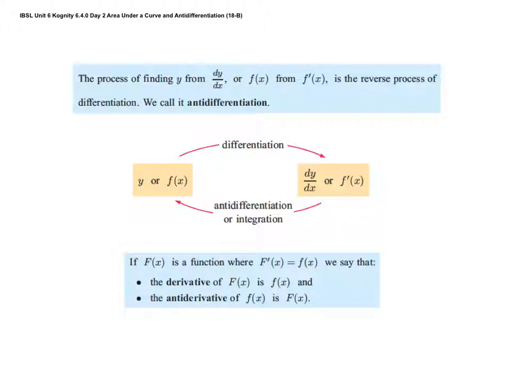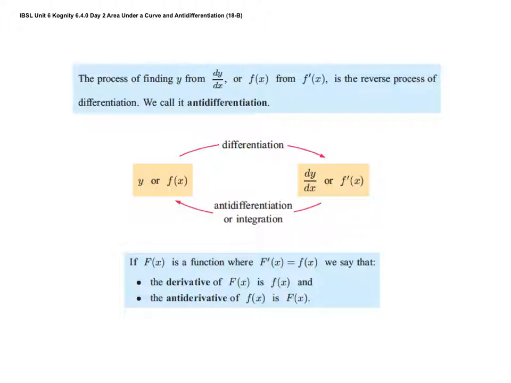As you'll see here, they're not exactly inverses of each other, but they're kind of inverses. Because taking y and finding dy dx was called differentiation, we call this anti-differentiation, opposite or against differentiation. That's why this big old term exists.